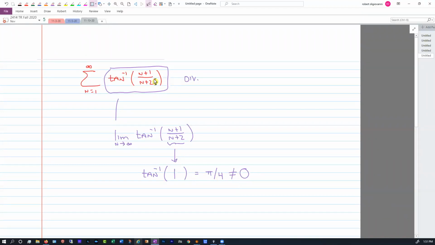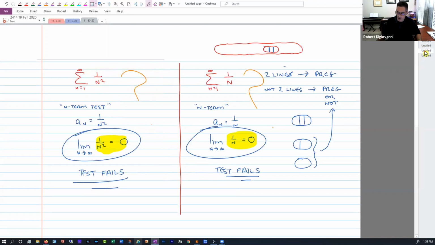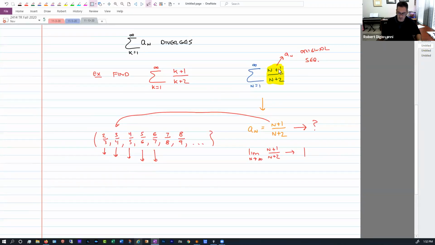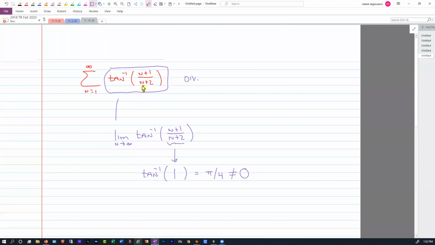I have a question. How is it 1? Well, we just did this problem. N plus 1 over n plus 2 was the previous problem. Remember that went to 1? You could use L'Hopital.